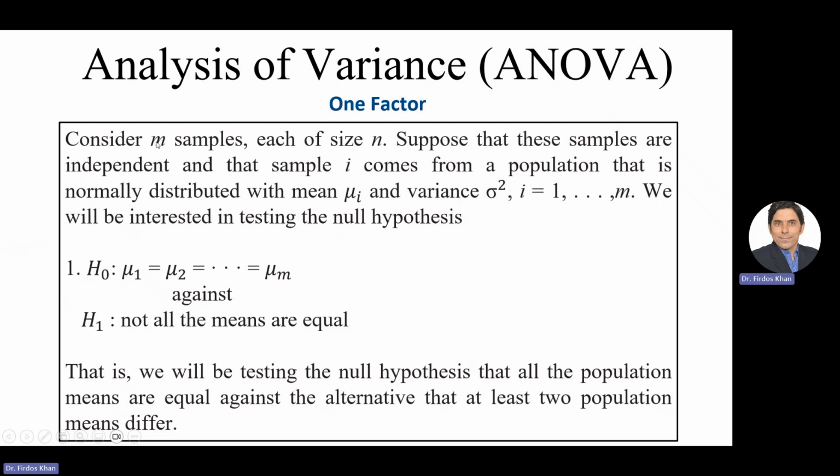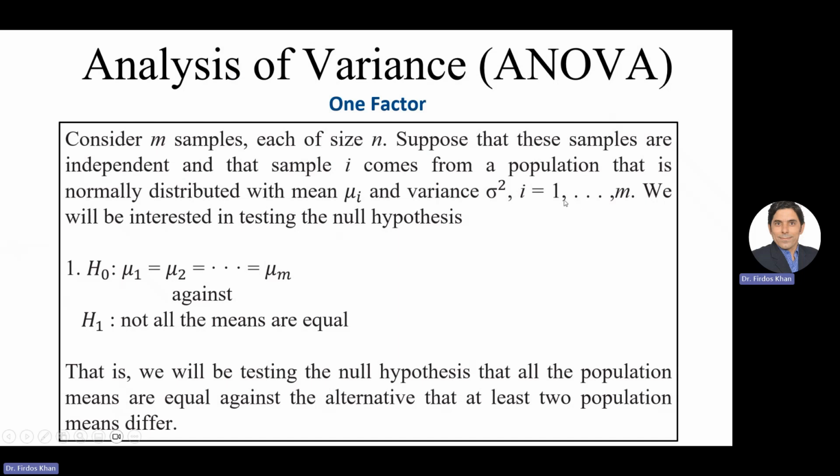So there are m samples, each has sample size n, and each sample is coming from a population with the mean mu i. This means that the ith sample is coming from a population with mean mu i.